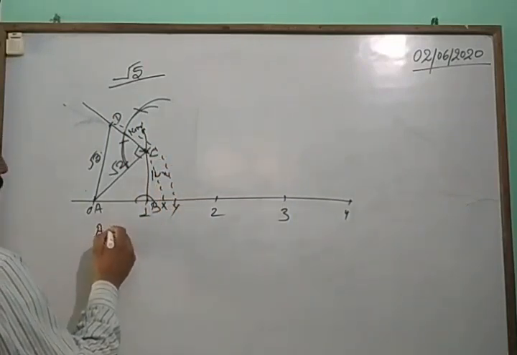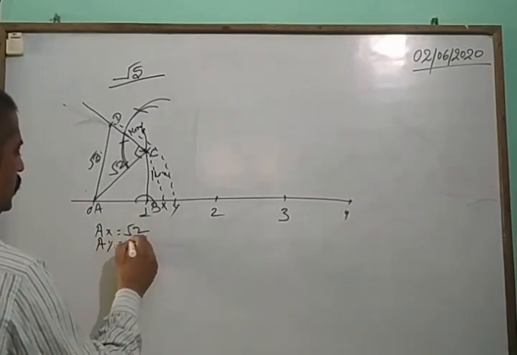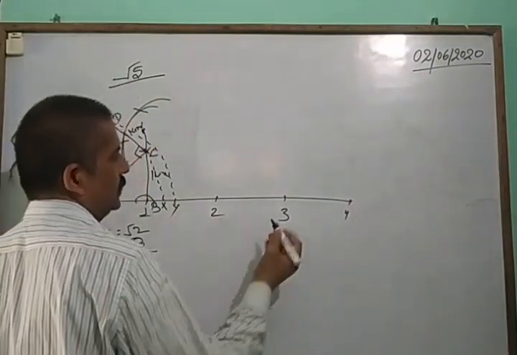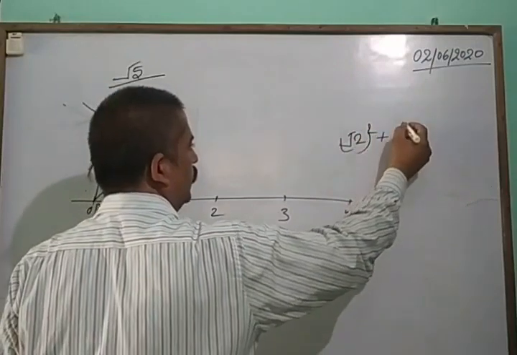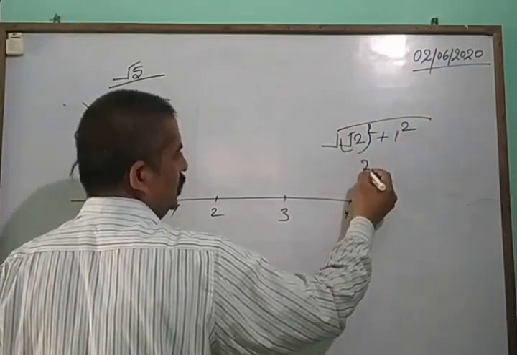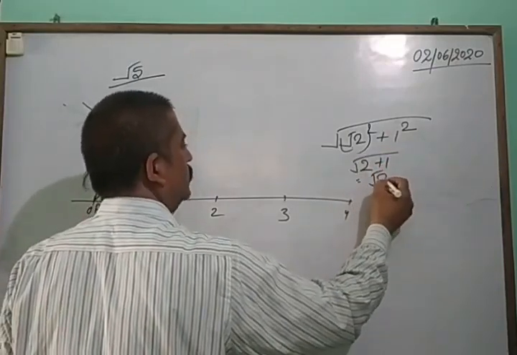So AX is equal to root 2, AY is equal to root 3. Now check: root 2 square plus 1 square. Root 2 square is equal to 2, 1 square is equal to 1, so under root 3.